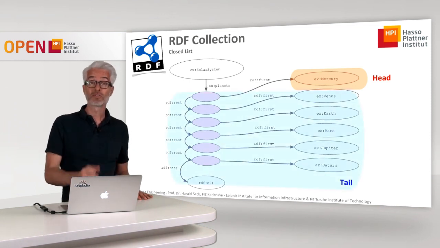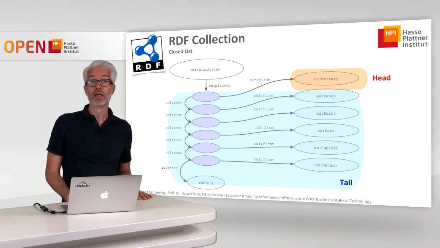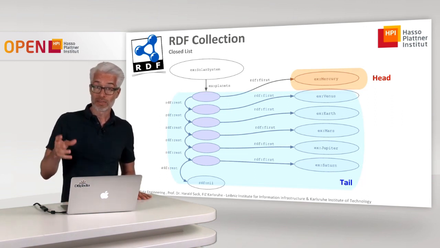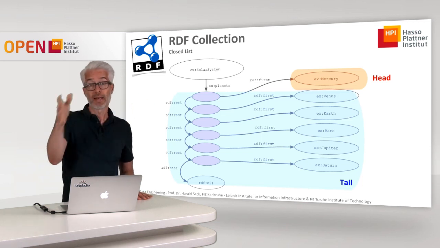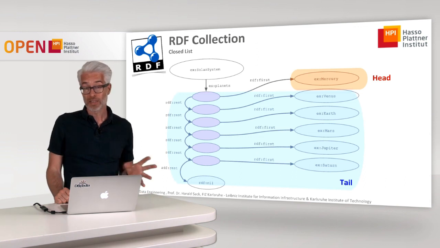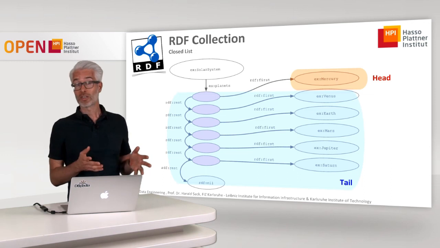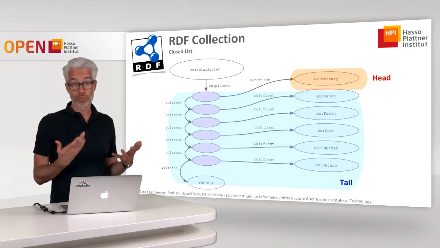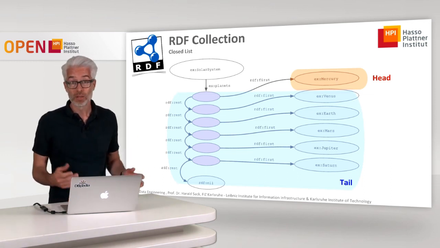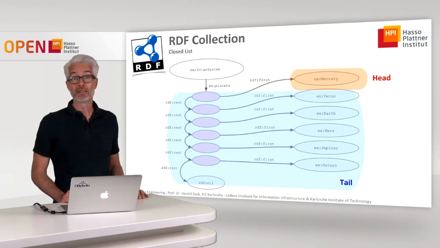And this is a recursive definition, because the tail, the rest of the list, again consists of a head and all the rest, which is then the tail. These kinds of data structures, linked lists, are also basic building blocks in so-called functional programming languages, logic programming languages like Lisp, for example, or Haskell.